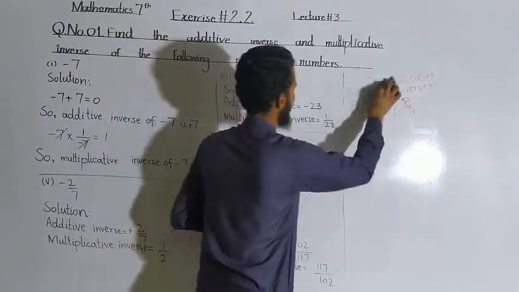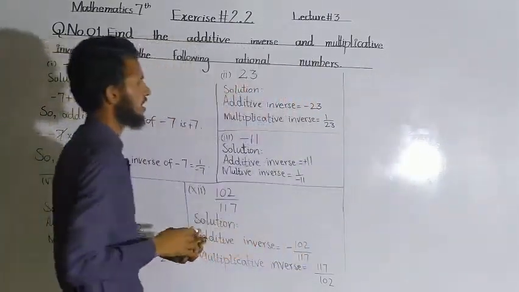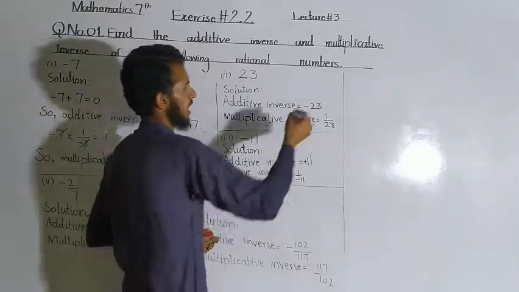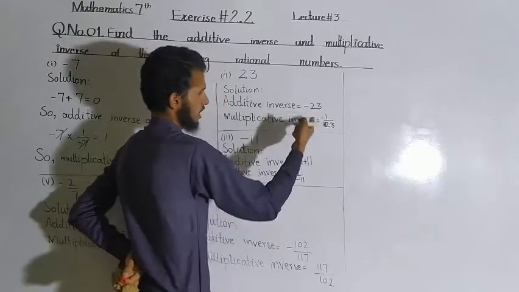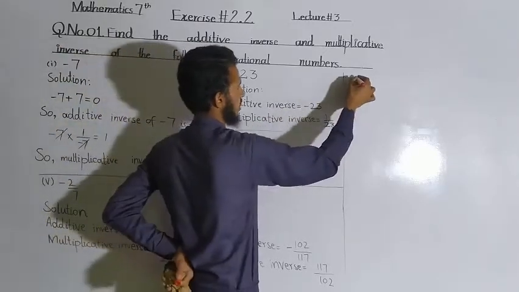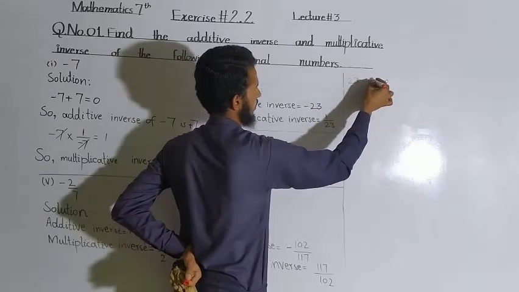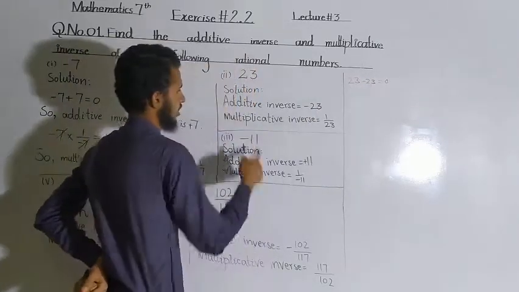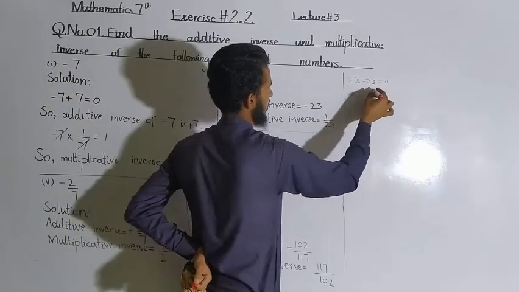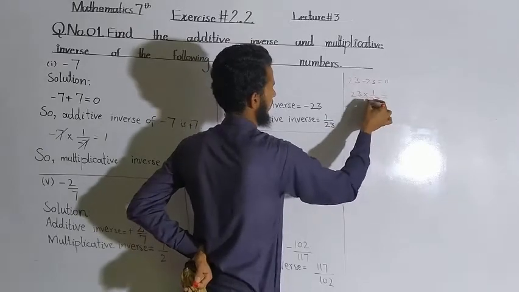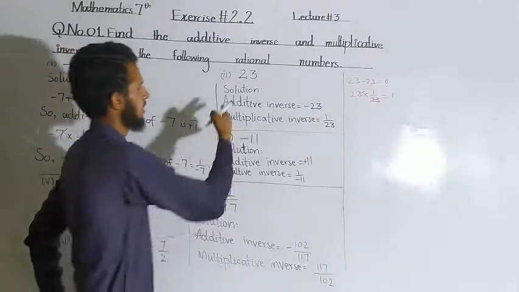You can also check it. If you add minus 23, the answer will be 0. For the multiplicative inverse, the reciprocal of 23 is 1 over 23. If you multiply, it cancels and the answer is 1. In this way you can check this question.